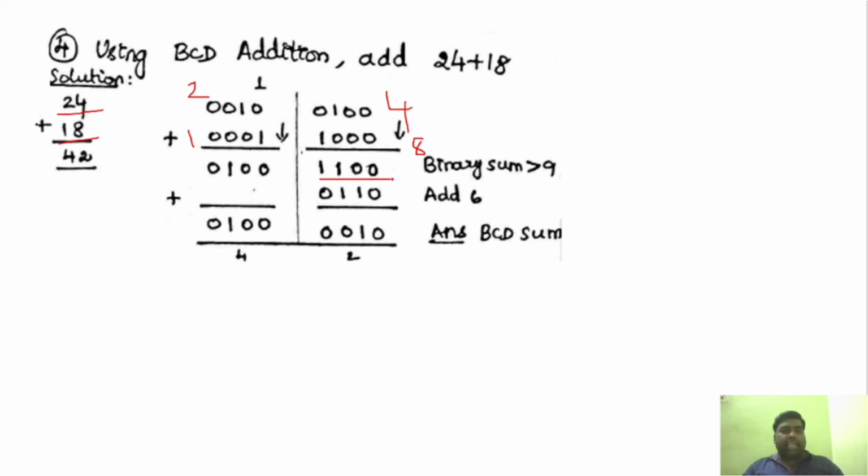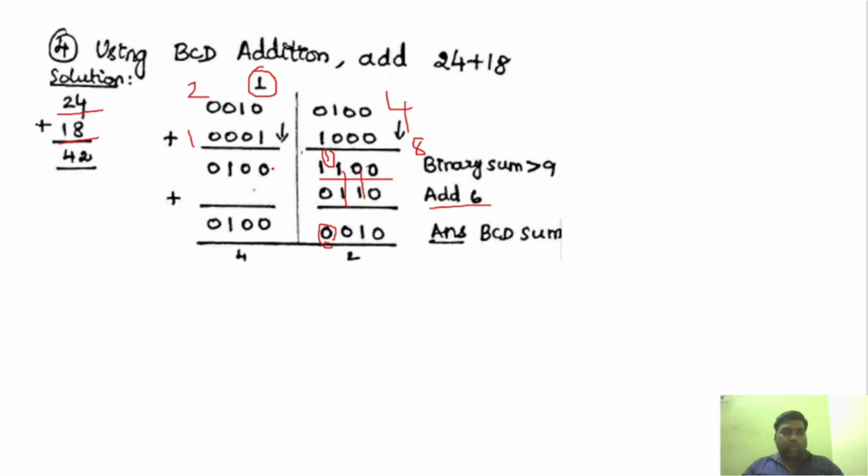So what do you have to do? It is greater than 10, so we have to add 6. So I'm adding 6 here. So 0110, and there is a carry. So 1 plus 1 is 10, so I'm putting 0 here and carrying 1 here. Correct? So now add this one.